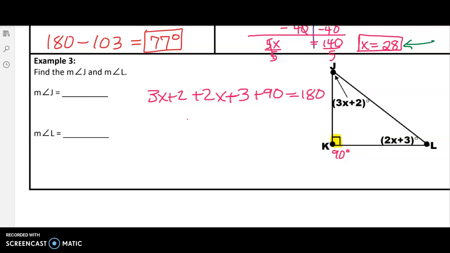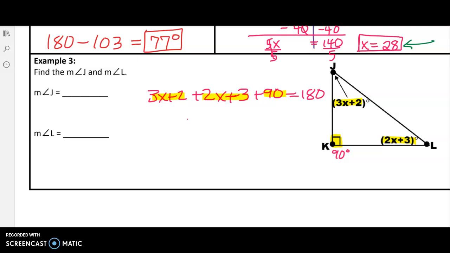Hopefully you are checking to see if your equation is correct. Now remember, it doesn't matter which order you put them in. You can see the first angle 3x plus 2 I put here, angle J I put first. You did not have to put angle J first, but I did. 2x plus 3, that's angle L. And then the 90 degrees is angle K, and I'm adding all three of those angles together.